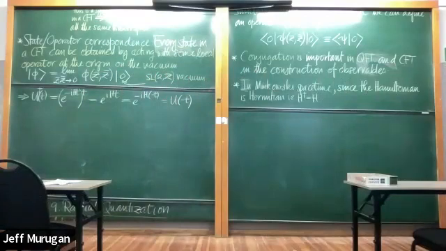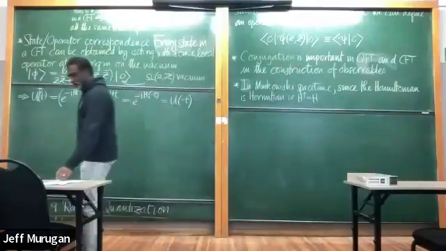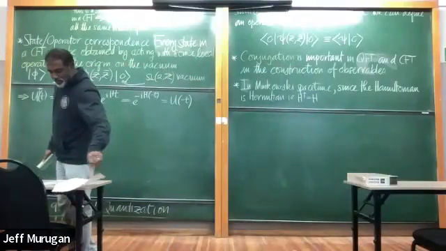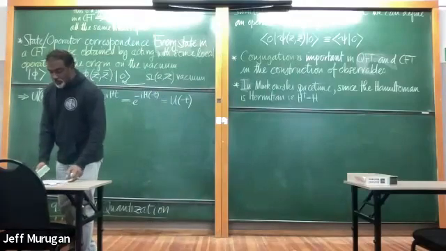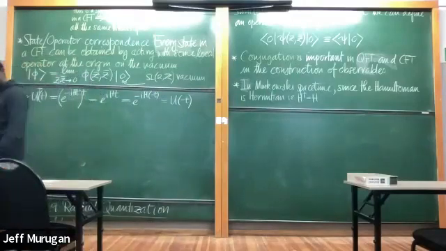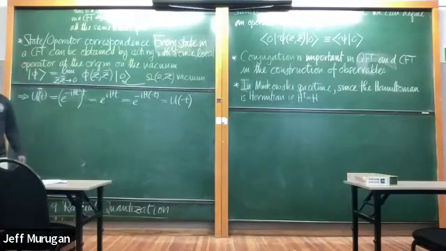So the time evolution operator satisfies the property that U(t) dagger is U(-t). And this tells us that Hermitian conjugation of time evolution to some time t is the same as time evolution to time minus t.